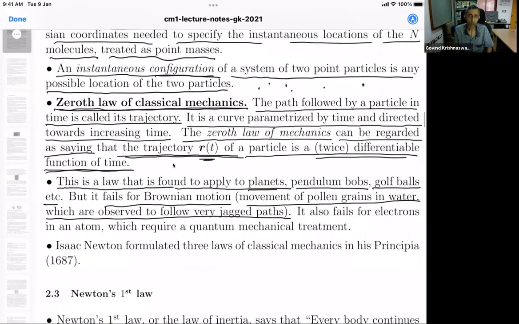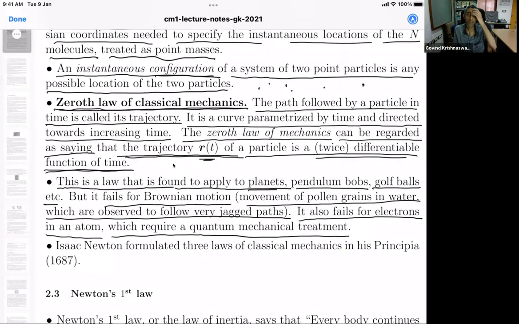Okay, so in fact, there are other places also where this does not apply. For instance, and this is not so evident, it's a bit harder to understand, this law or this assumption fails for electrons in an atom. And they require a quite different kind of treatment, which is called quantum mechanics, which you will study elsewhere.